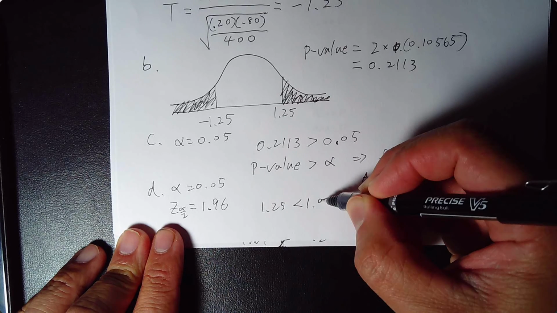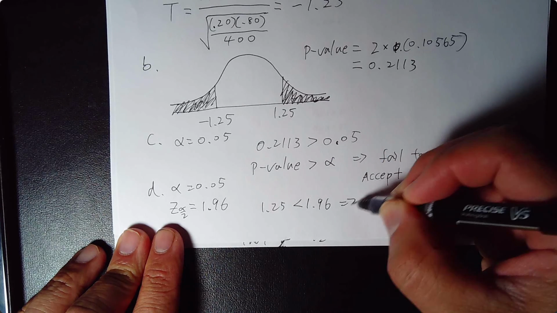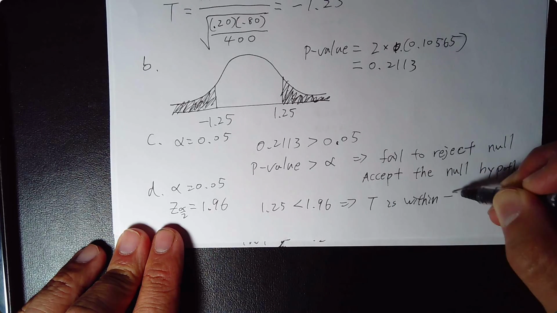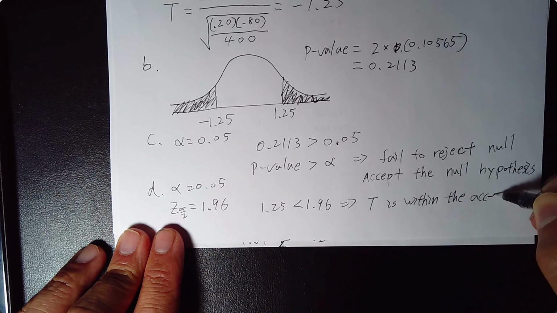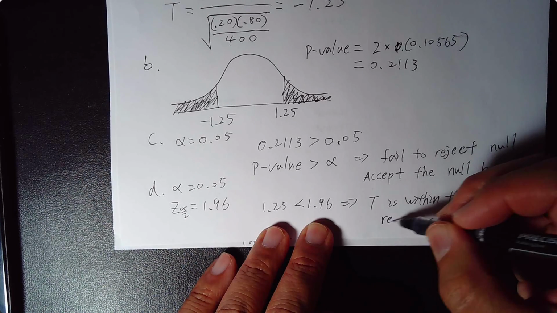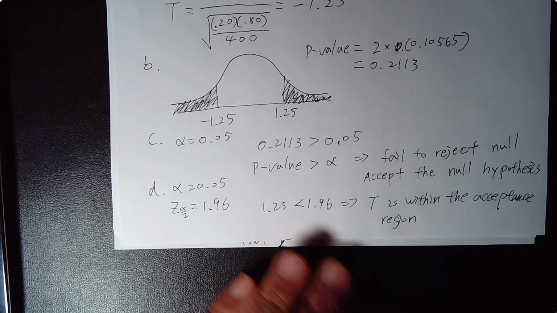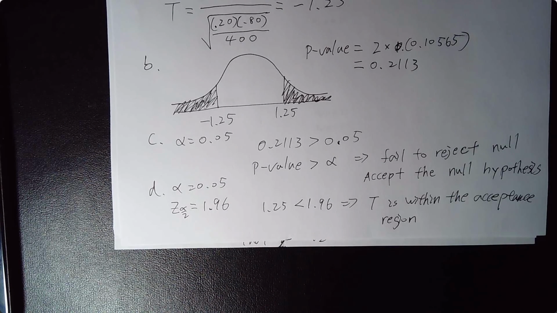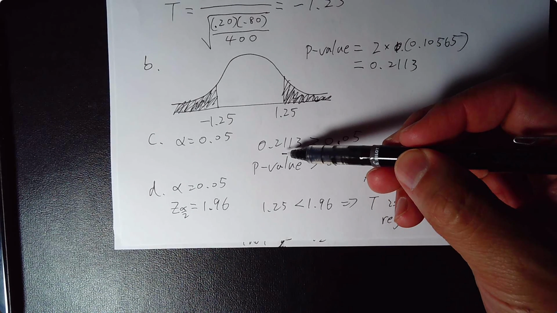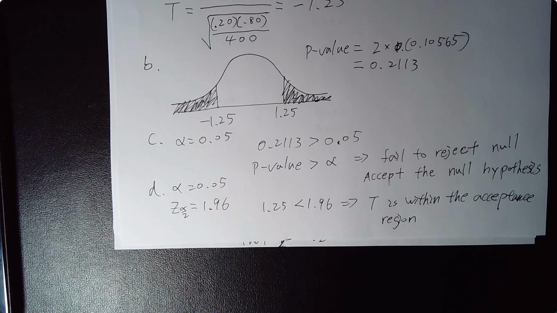So that means our test statistic is within the acceptance region. Therefore, we accept the null hypothesis. We fail to reject the null. Whether you use the p-value approach or the critical value approach, you will always get the same result.